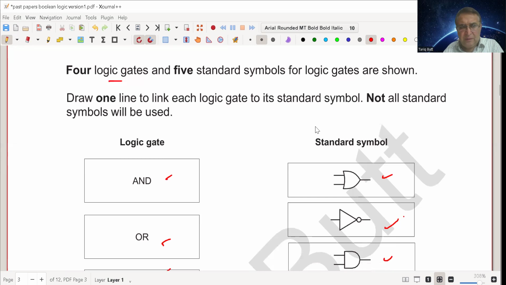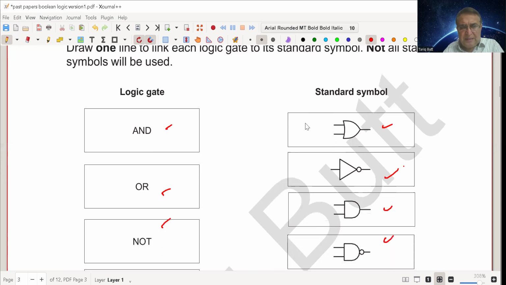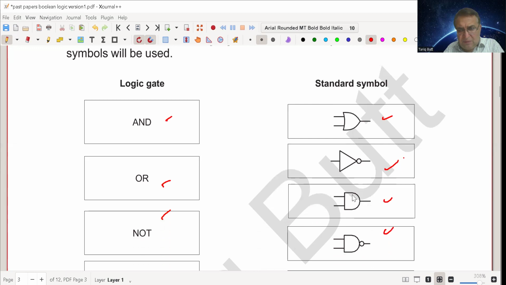So AND gate, you know, this is the symbol for AND gate. So you have to link this with its correct symbol. Then OR, this is the symbol for OR gate, so you connect this.